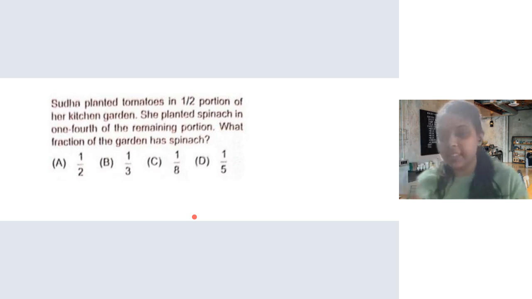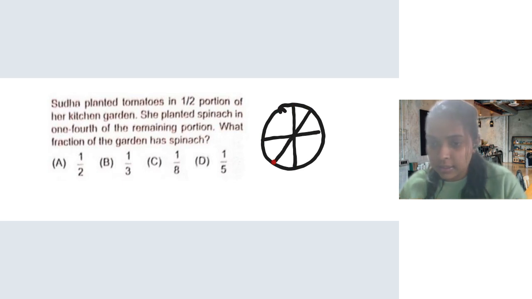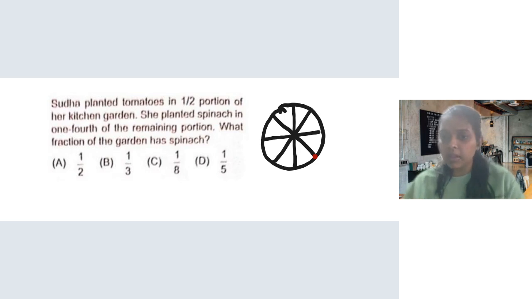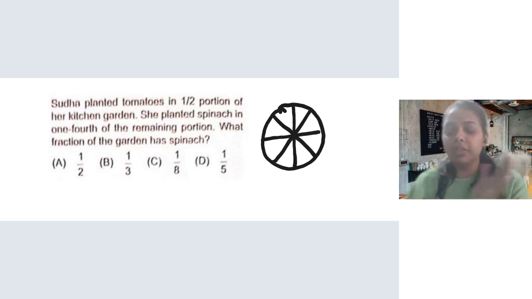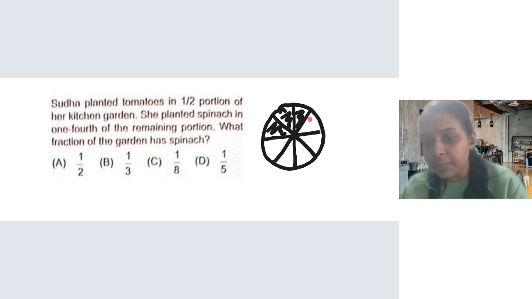Okay, let's understand it like this. Let's say we have a pizza which has 8 slices, right? Sudha had eaten half of the pizza. So this means she has eaten 4 slices of the pizza.